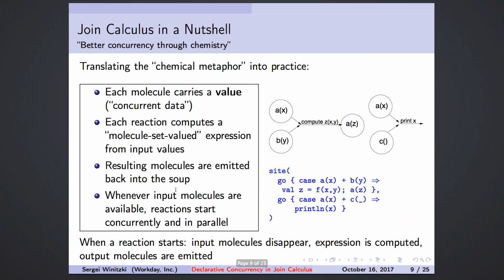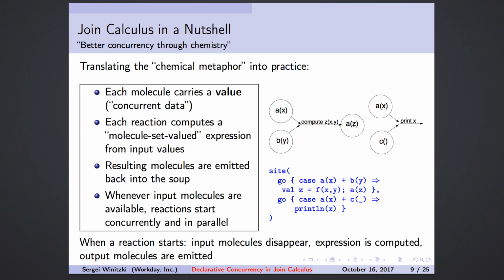Now, suppose we implemented this simulator. This is not enough to actually do useful computation. To do that, let's say that each molecule carries a value now. So not just molecule A, but a molecule A carrying a value X, molecule B carrying a value Y. The reaction needs to put a value onto the product of reaction.